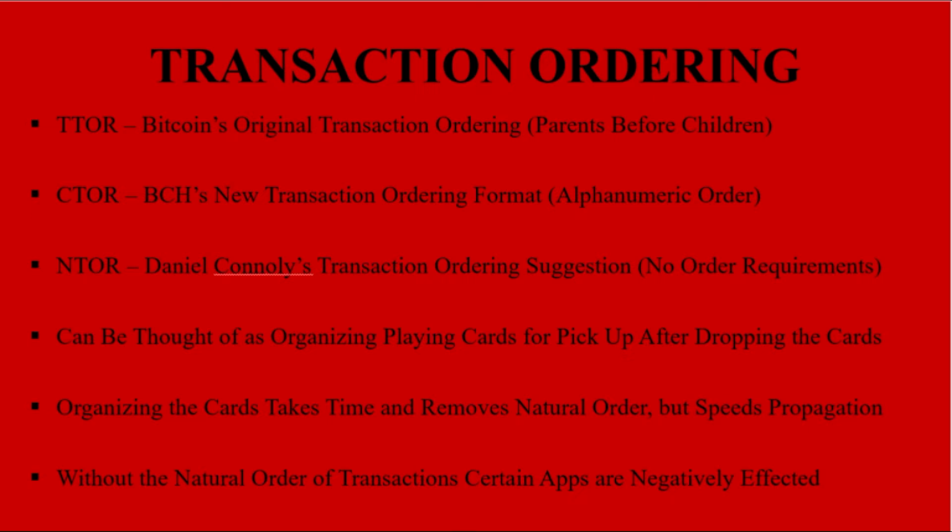But if you're doing something like canonical transaction ordering, you would pick up the cards and put them back in order. Okay, so you would order them by suit and by number or whatever. And then with the natural transaction ordering that Daniel Connolly has been talking about, you would just pick up the cards whatever way is fastest for you.